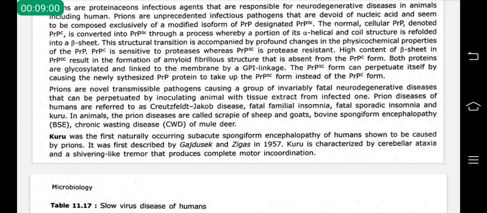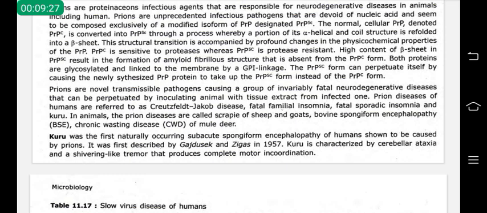Prion diseases of humans include Creutzfeldt-Jakob disease, fatal familial insomnia, fatal sporadic insomnia, and Kuru. In animals, the prion diseases are called scrapie of sheep and goats, bovine spongiform encephalopathy (BSE), and chronic wasting disease of mule deer.